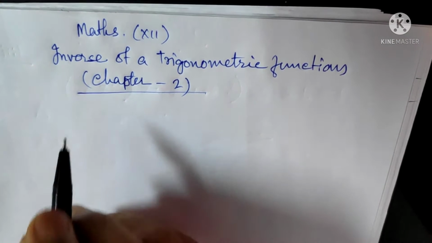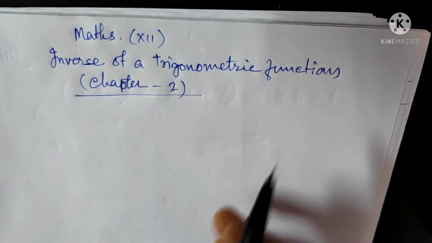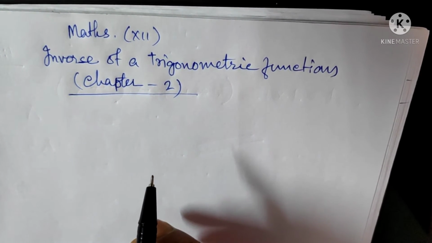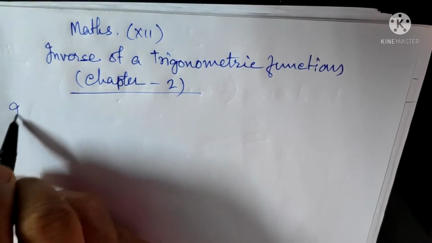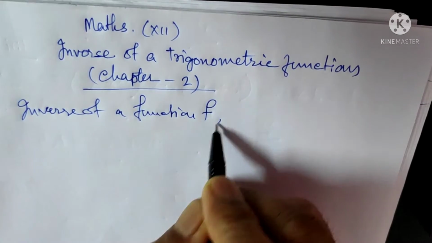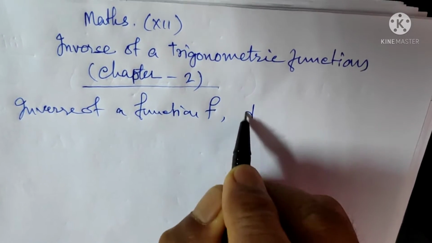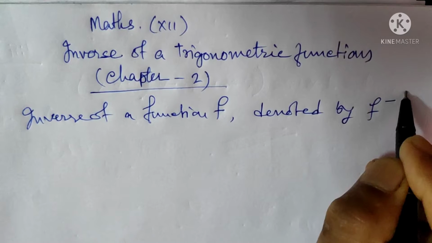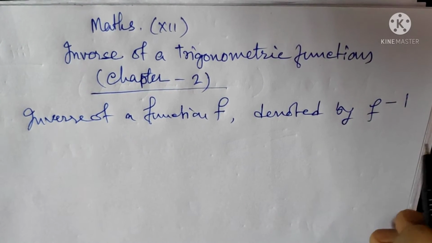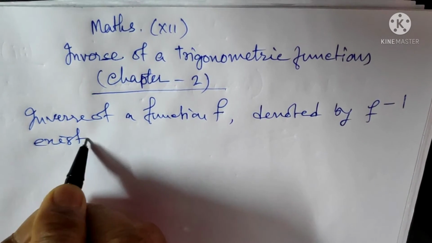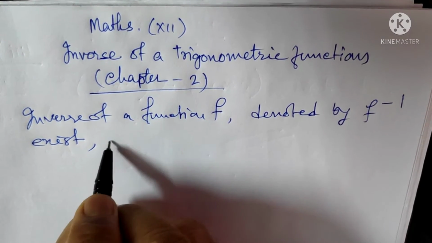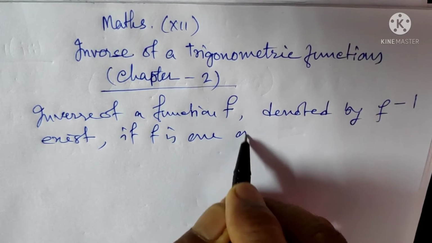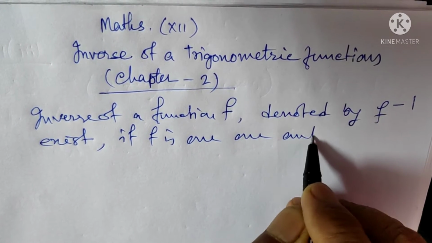Today I will discuss with you the inverse trigonometric functions of Chapter 2. You know that the inverse of a function f, denoted by f inverse, exists if f is one-one and onto.